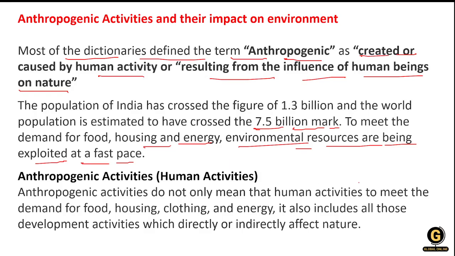Anthropogenic activities, human activities, what does it mean? Anthropogenic activities do not only mean human activities to meet the demand for food, housing, clothing and energy. It is not limited to that. It also includes all those development activities which directly or indirectly affect nature. Getting it?